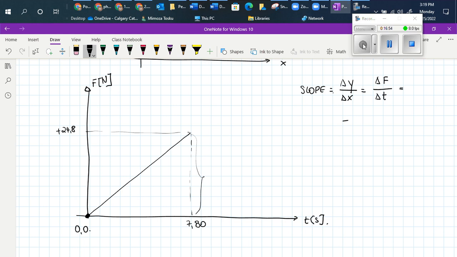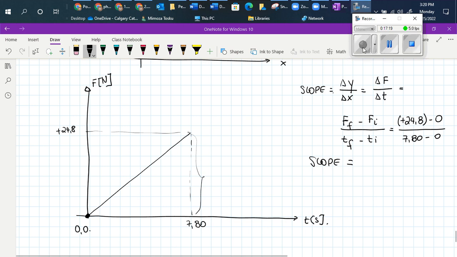So it will be the force final minus force initial, over time final minus time initial. So positive 24.8 minus 0 over 7.80 minus 0. So the slope will be equal to positive 3.18.